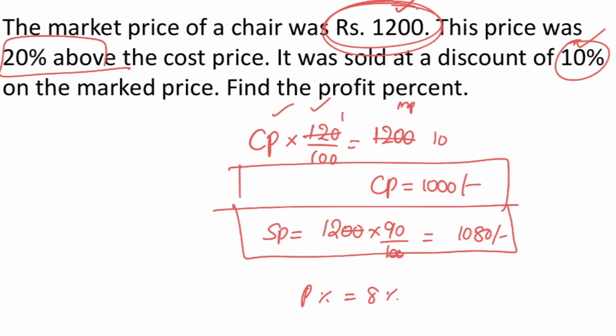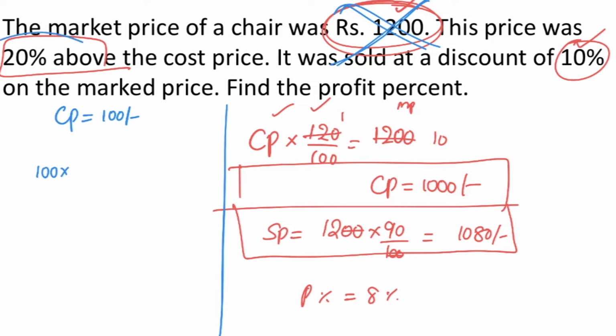Otherwise, as percentage is the only requirement, you can do one more thing. Without using 1200 rupees, I assume cost price as 100 rupees. On cost price, market price is how much percent above? 20% above.